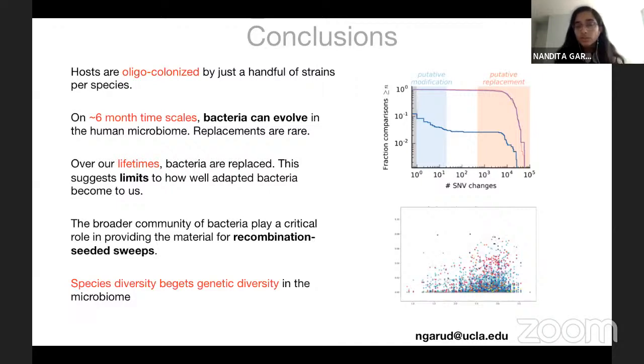So this inverse relationship allowed us to fit a very simple model in which roughly 90% of the genome is subjected to a selection coefficient of around 10 to the minus 3. And obviously it's a simple model, but strikingly it fit the most prevalent species in the human microbiome.